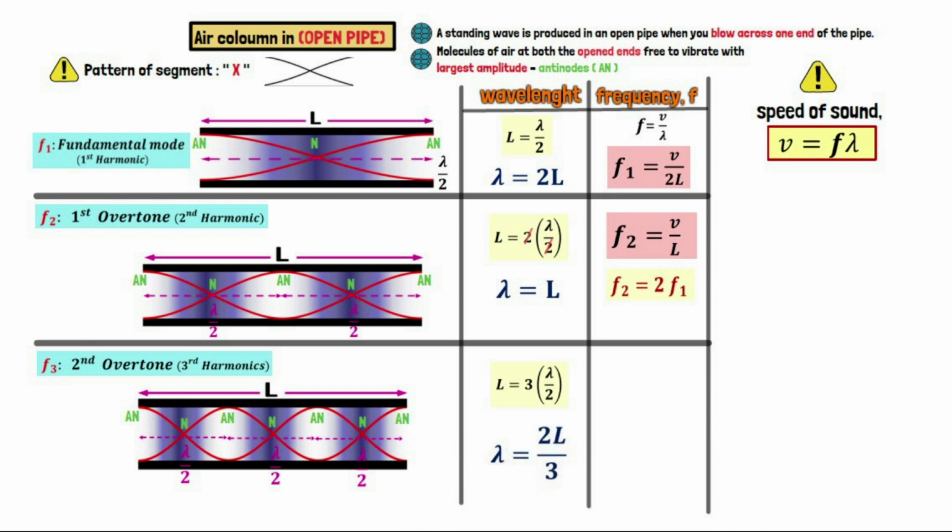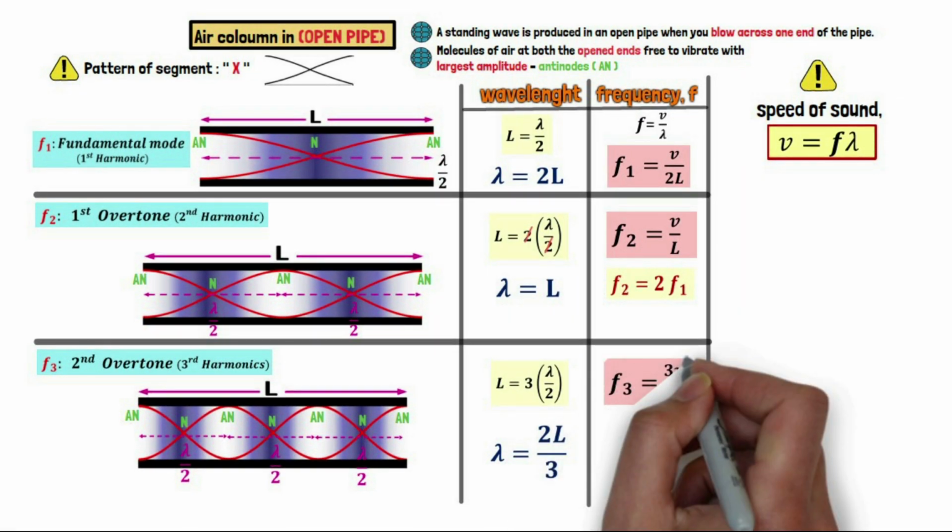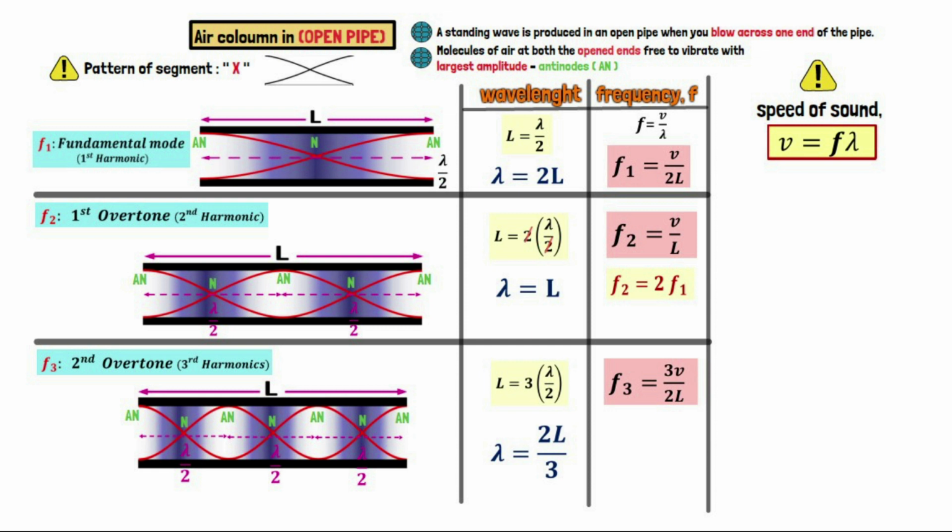Alright. And how about the frequency F3? The general equation is F equal to V over lambda. So F3 is equal to V over 2L over 3. And finally, we can get F3 is equal to 3V over 2L. Okay?